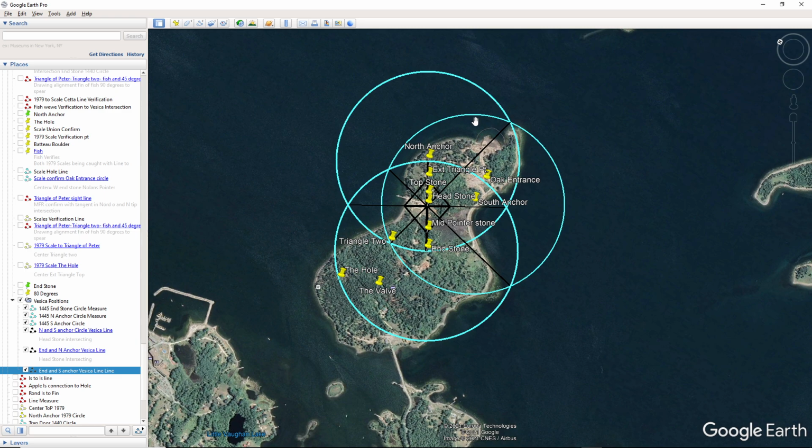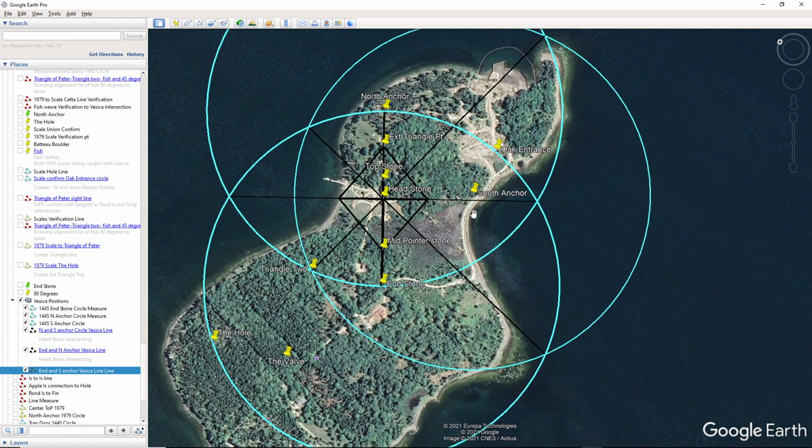But there it is in Google Earth, and it's really hard to get these things to match up. This is very, very precise in its location. And we got a lot of different things.